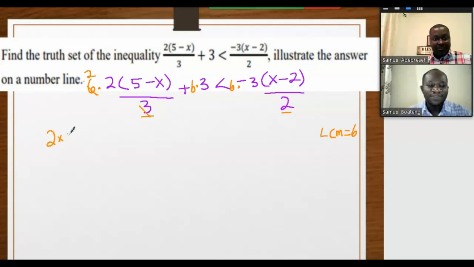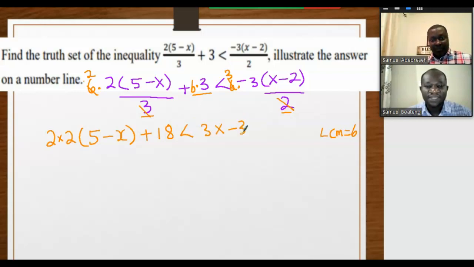So times 2, bracket open, 5 minus x, plus 18. Then 2 will go into 6, 3 times. So you have 3 times minus 3, bracket open, x minus 2.